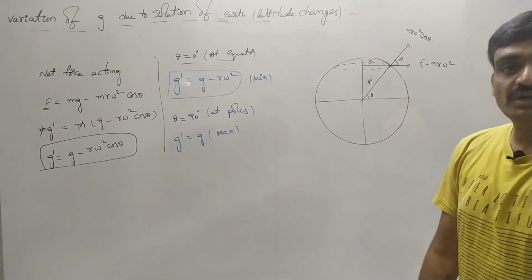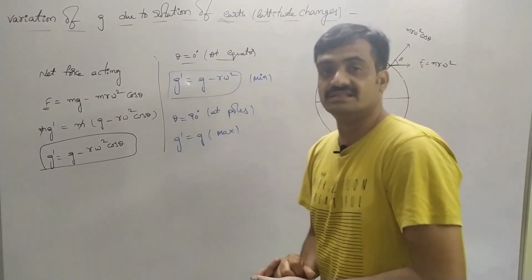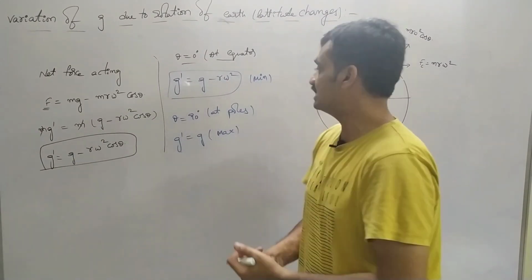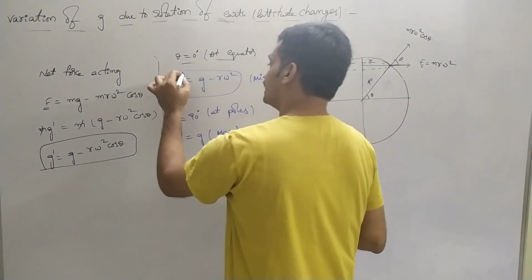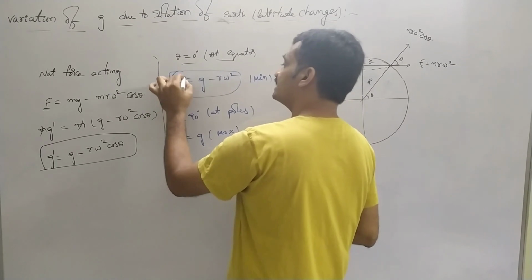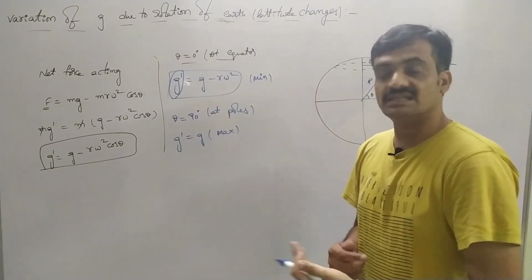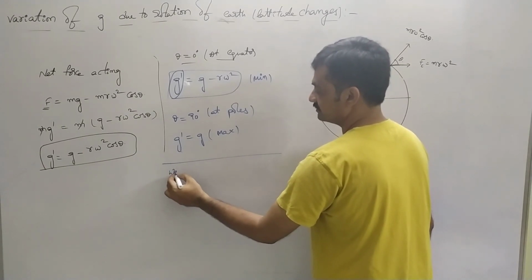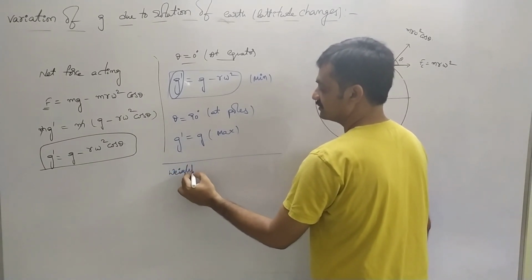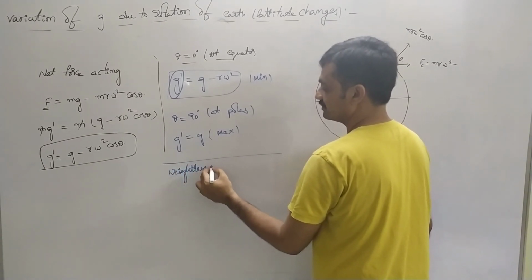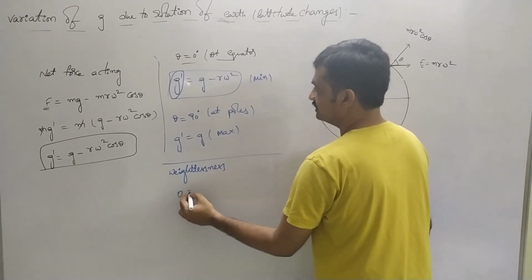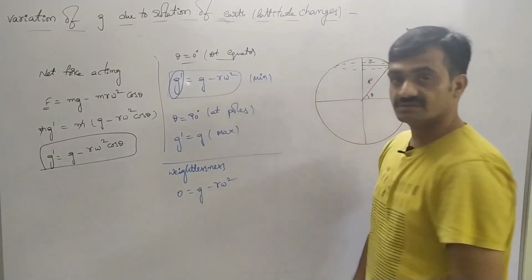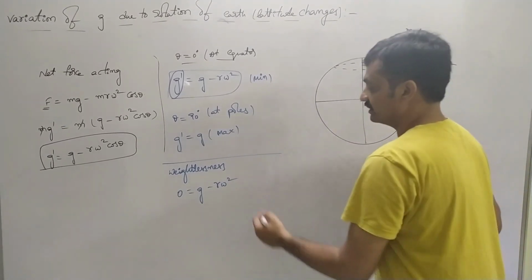Based on this condition, now we are going to represent weightlessness. When a body experiences weightlessness, we can represent that it experiences zero acceleration due to gravity. As we substitute this value, zero equals g minus r omega square.